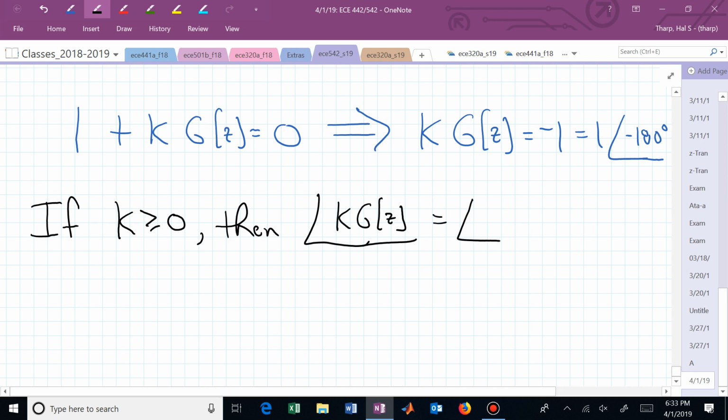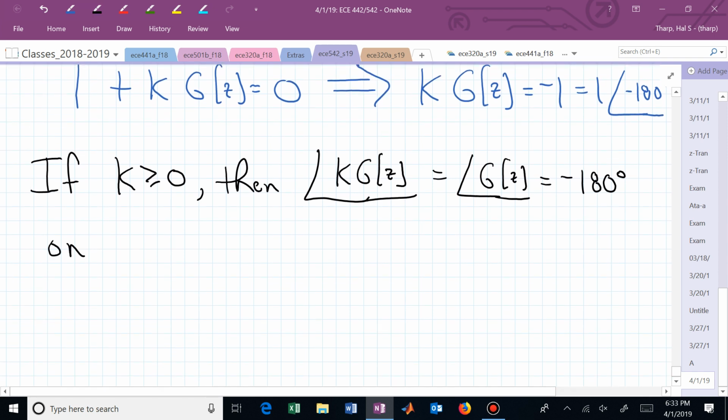So this is now the angle of g, which is now equal to minus 180 degrees. So we know that all points z that satisfy 1 plus k g of z equal to 0 must be such that the angle of g of z is equal to minus 180 to live on the root locus.